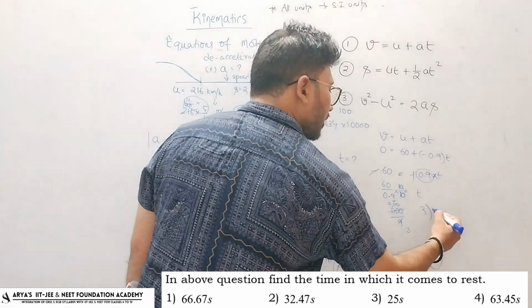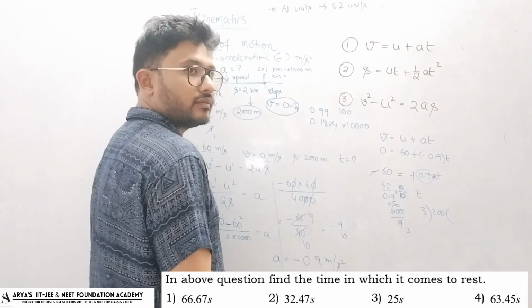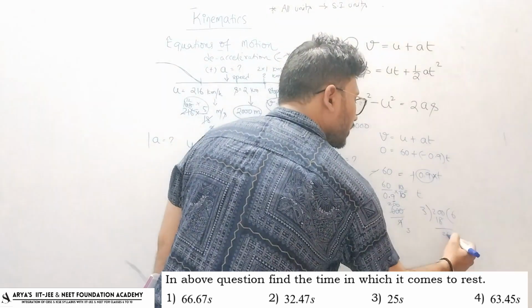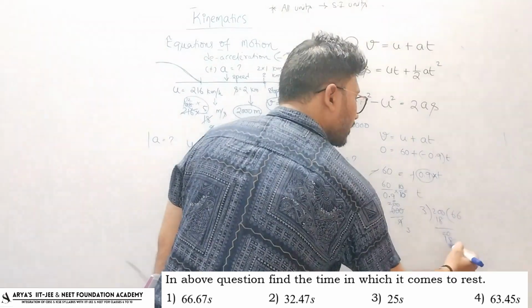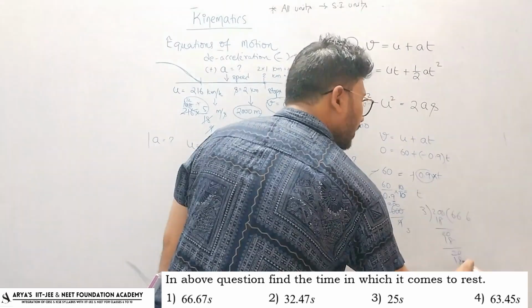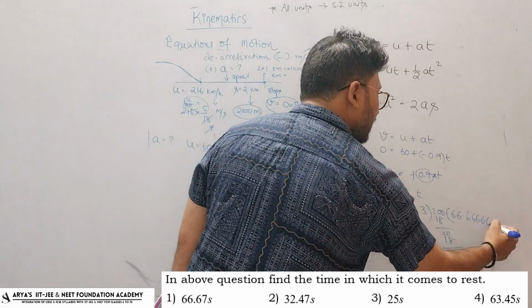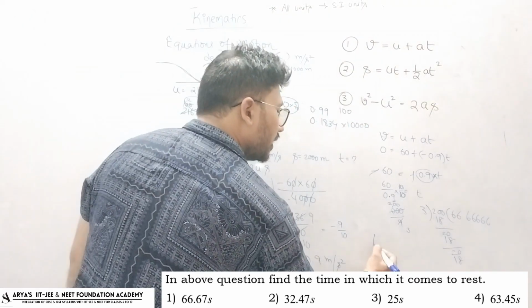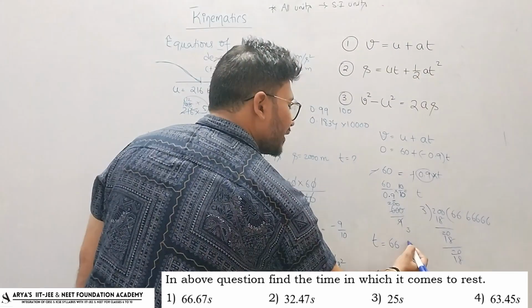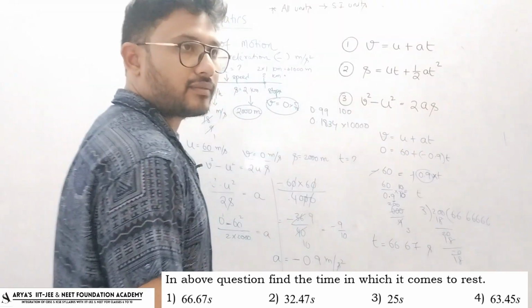Now 3 200. 3 6 18, 2 0, 3 6 18, 2 0, again 6 18. It will keep going on, 66.6666. Instead of that, what can we do? So t is equal to 66.67 seconds. That's it. Copy.